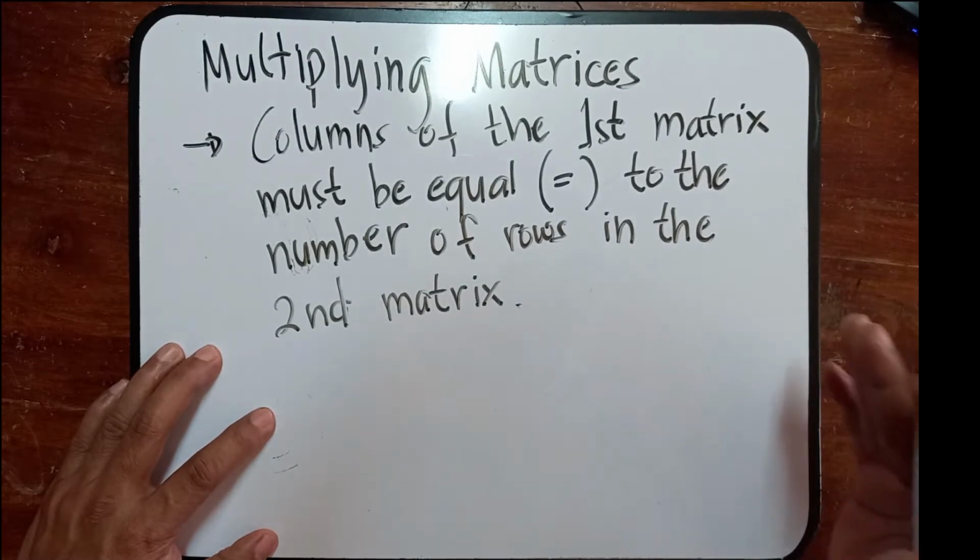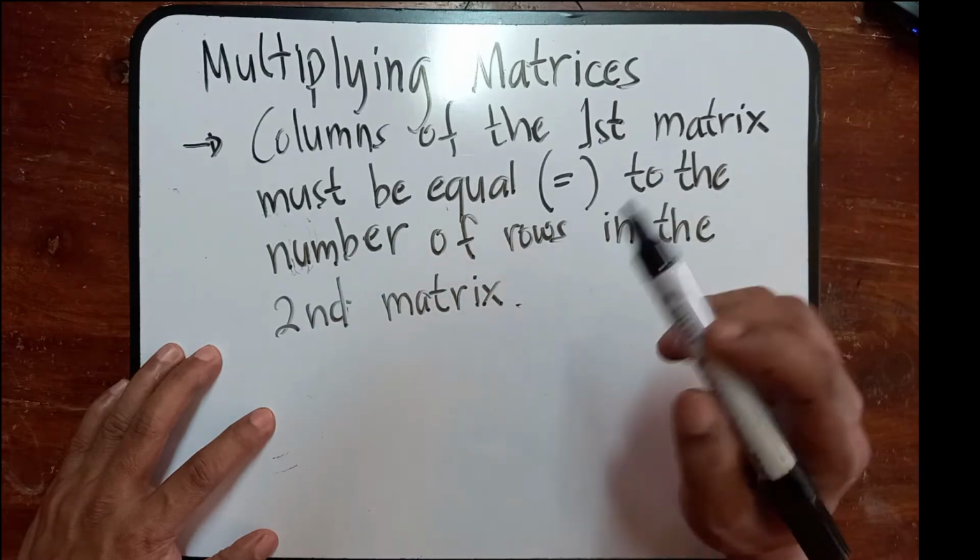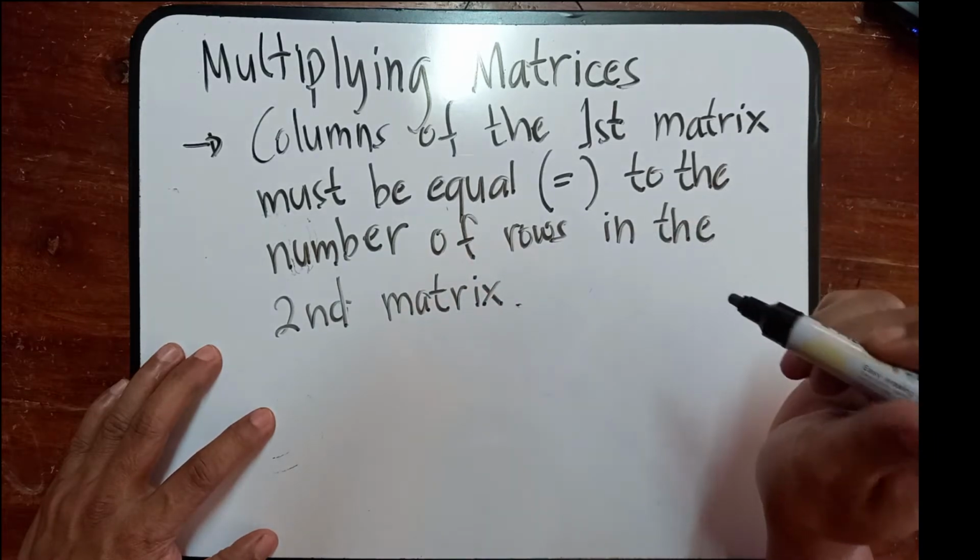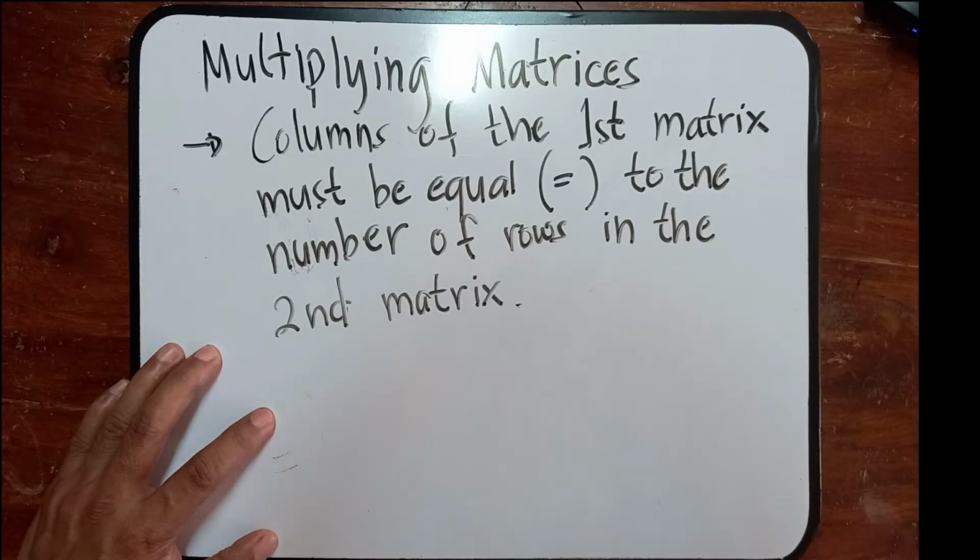This is the rule that you must always remember. The columns of the first matrix should always be equal to the number of rows in the second matrix.